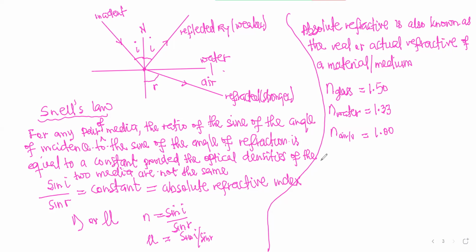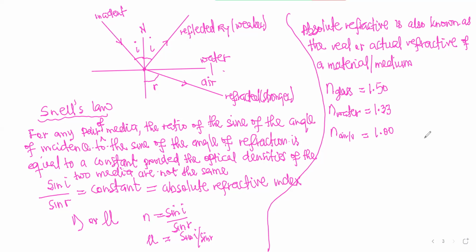So we are always comparing. Glass can bend light 1.5 times as can be done by air, or 150% as can be done by air. That is basically what it means. So if a material is denser, its refractive index must also be greater.